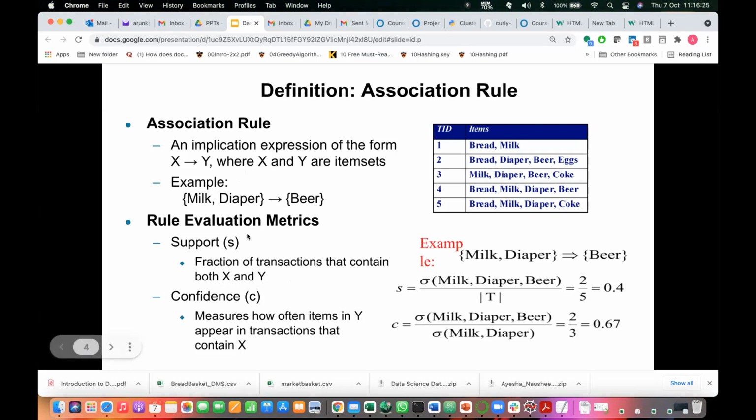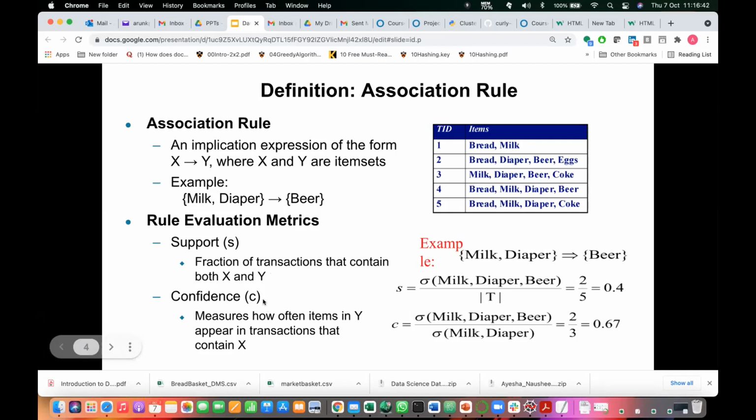That is the support of the association rule. Whatever rule we make will have a support, which is the support count for all the items involved in that rule.